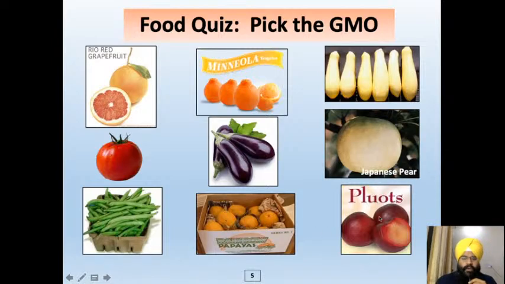This is peyotes. Out of all of them, which do you think could be GMOs? The answer will be at the end of the lecture. In the meantime, have a thought about it. Which could be interspecific species, which could be GMOs, which could not be GMOs, which could be from plant breeding methods, and which could be traditional where nothing is happening and something is happening. Just think about it. Later we will discuss it.